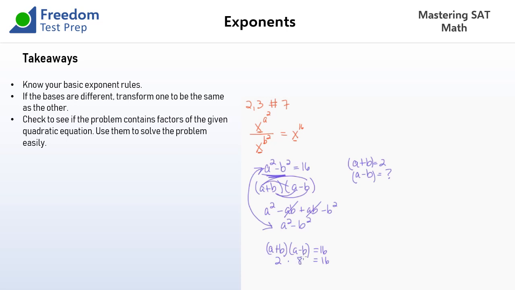Well, clearly that's 8. a minus b equals 8. Okay? I really want you to take that in. It's a fun little question. And if you know this concept that they will often give you factors of an equation, then you can get it relatively easily.